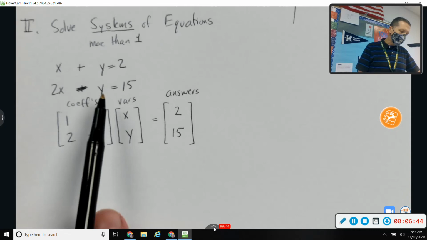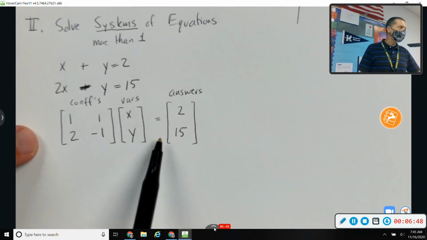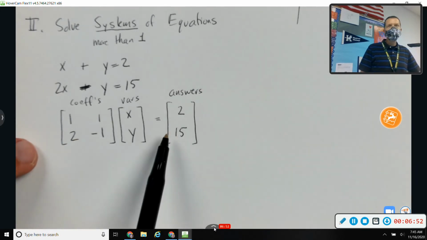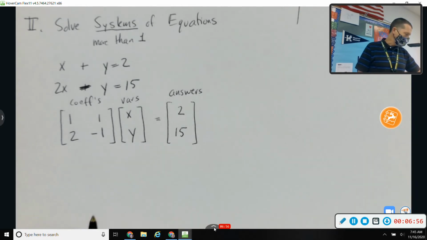So we've transformed two equations into one equation. I mean, it's a little bit more complicated because it's matrices, but it's just one equation. One matrix times another matrix equals our answer matrix.